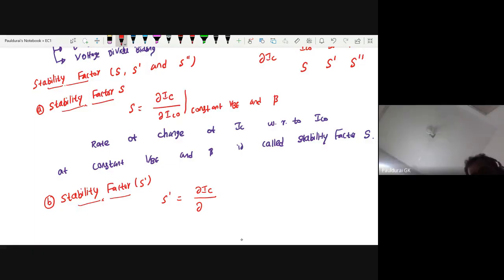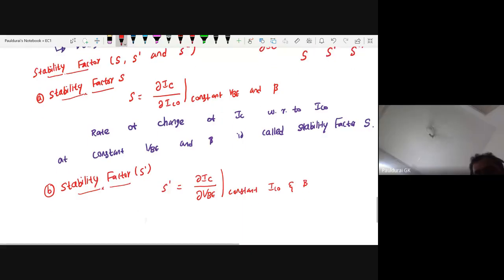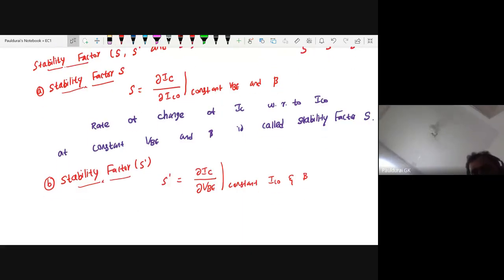Yes, thank you. So VBE at constant. Now who will be constant? ICO and beta. Now can you write the definition by yourself? Rate of change of IC, this time with respect to VBE instead of ICO, at constant ICO and beta, is called stability factor S dash. Please write the definition by yourself.